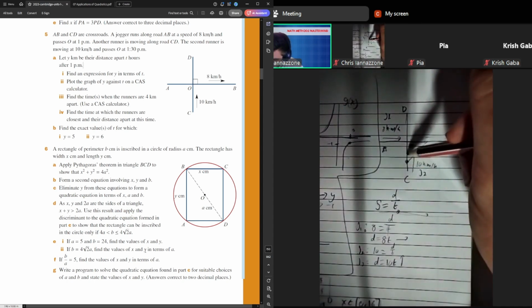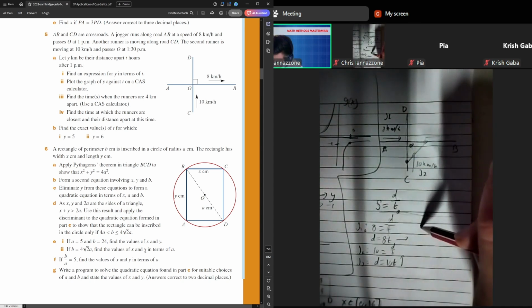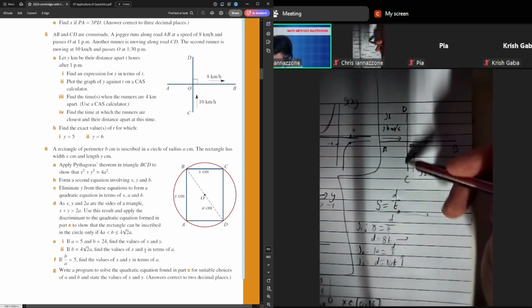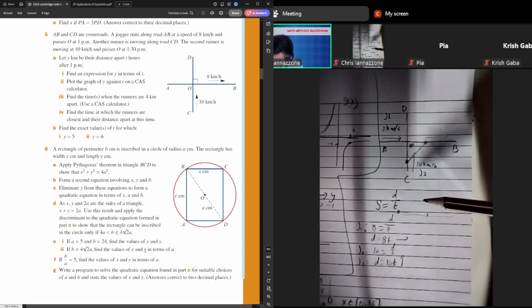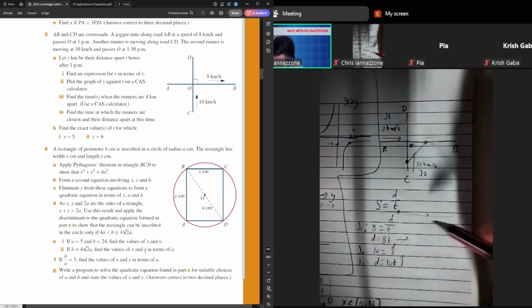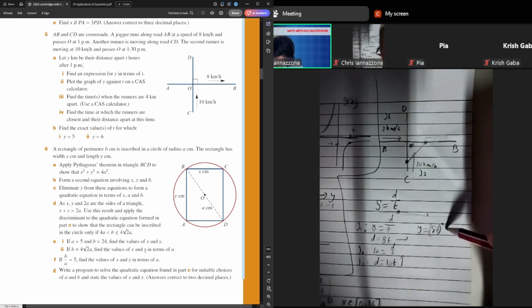Let's say the net distance is going to be whatever this is squared plus whatever this is squared, all square rooted. So maybe it doesn't matter where they're physically located. Maybe I can just say y is 8t all squared plus 10t all squared, square rooted.